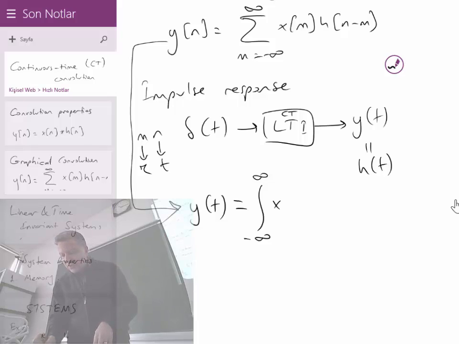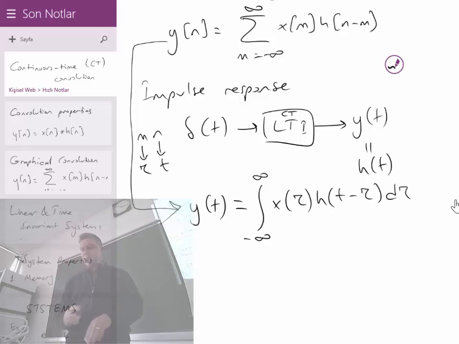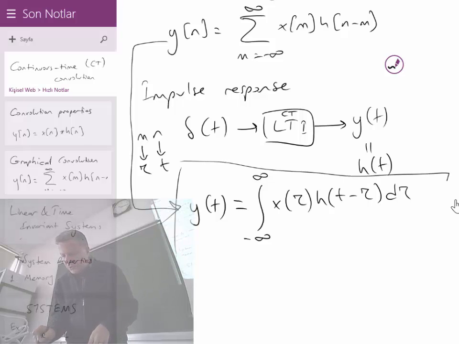And we have x of tau, x of m translates into x of tau. h of n minus m is h of t minus tau. We have to put a d tau here. So this is it. That's about it. This is the convolution formula in continuous time.